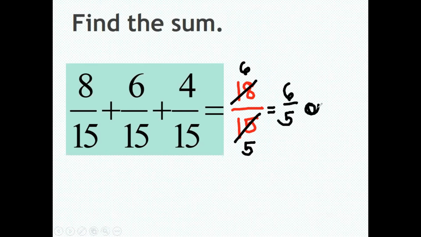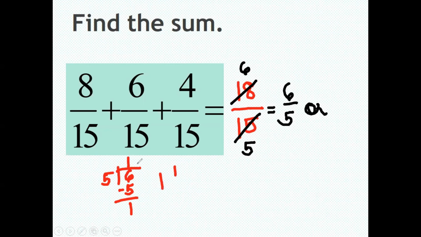Or if you have an improper fraction, convert this to a mixed number by simply dividing 6 by 5. So you have here 6 divided by 5, that is 1, and of course that will give you a remainder, which is 1. So this is 1 and 1.